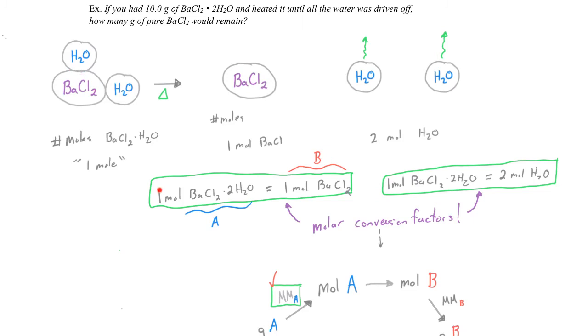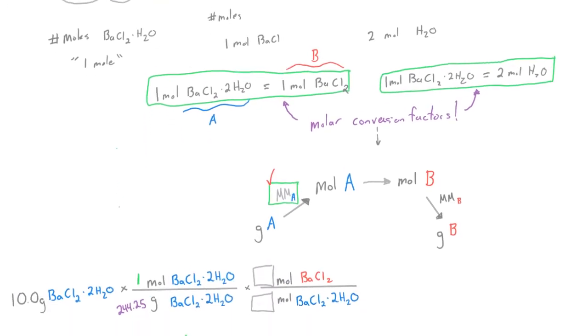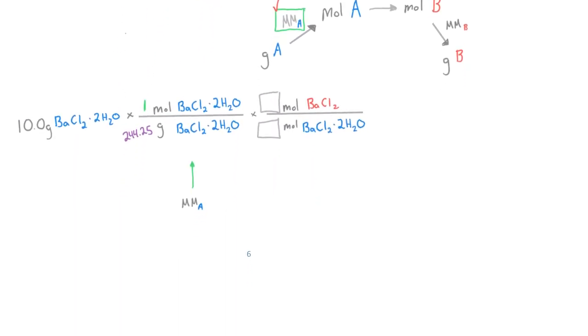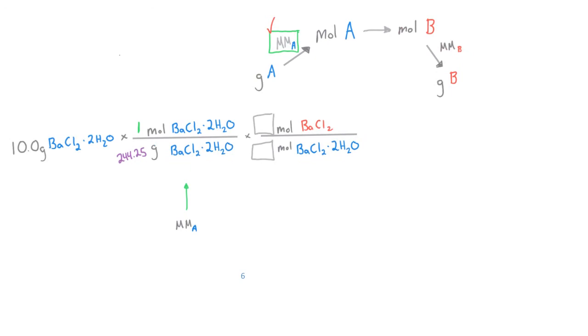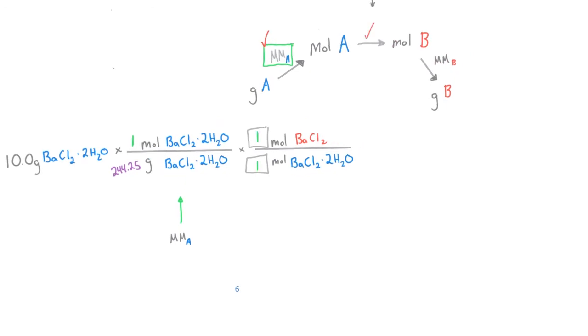So that means it's a 1-to-1 ratio. 1 mole of barium chloride dihydrate is equal to 1 mole of barium chloride. So let's go put those values into our conversion factor down here. So that's our second step that we've completed. We've converted moles of A into moles of B. We've crossed the mole bridge. Now what's our last step?